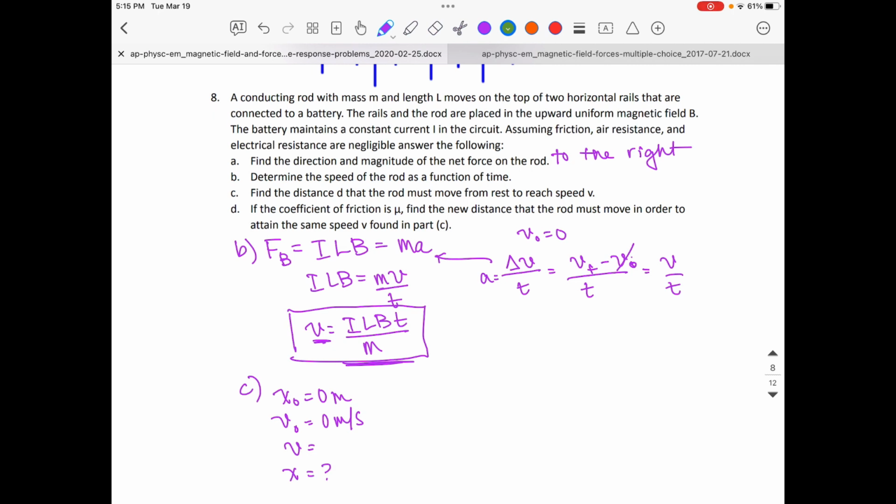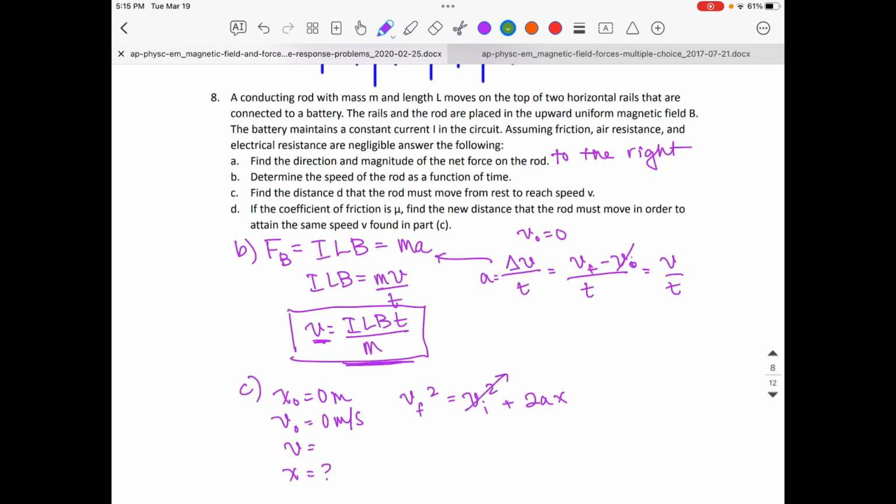Okay, so the common equation we've been using is V final squared equals V initial squared plus 2a delta x, but x initial is 0.